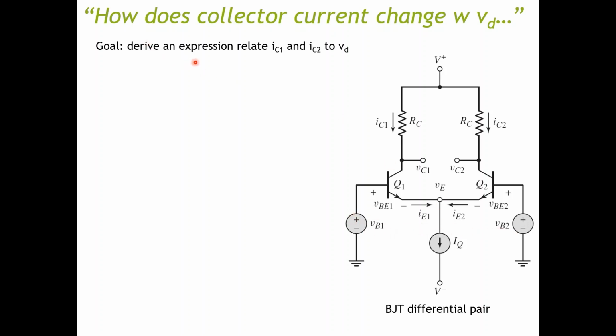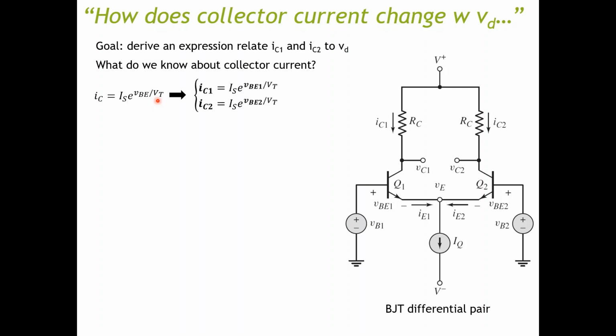So how can we derive an expression to relate IC1 and IC2 to VD, where VD is VB1 minus VB2? First, what do we know about the collector current? This is back in chapter 5, I believe. You have an exponential relationship between VBE and IC, where IS is the coefficient and VT is dependent on temperature, so at room temperature it is 0.026.